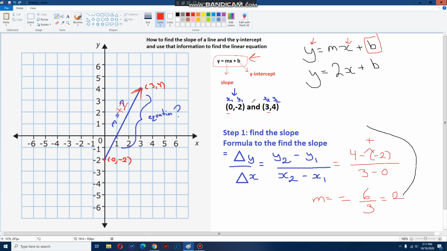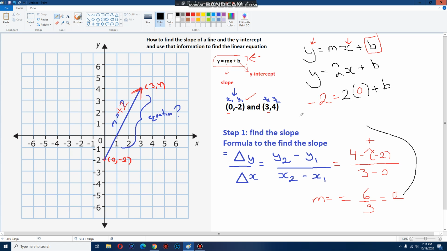Let's pick one. Let's try 0, minus 2. So 0 is in the x-axis, so y is minus 2. So minus 2 is equal to the slope, which is 2, multiplied by x, in this case 0, plus b. Aha!